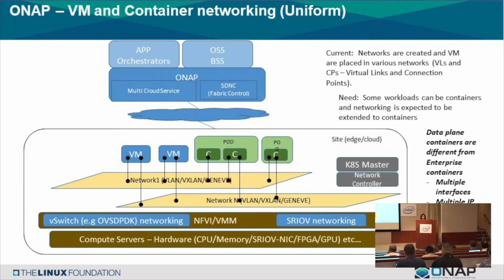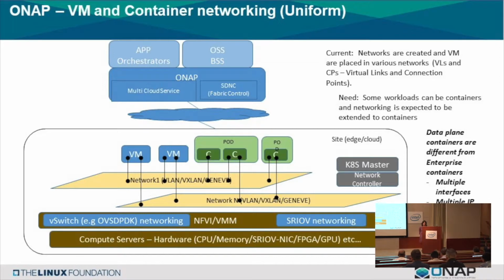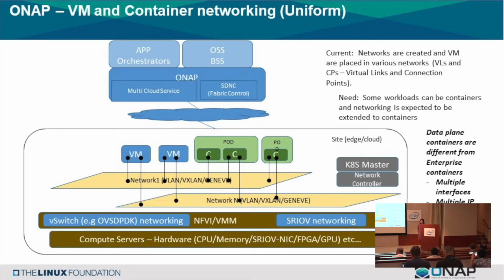Okay, so this is the networking aspect of it. This is the current situation where we have ONAP running, and ONAP scheduling these VMs on the site or edge, in this case.